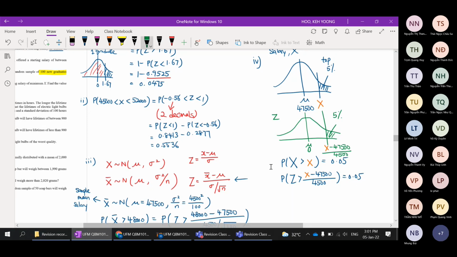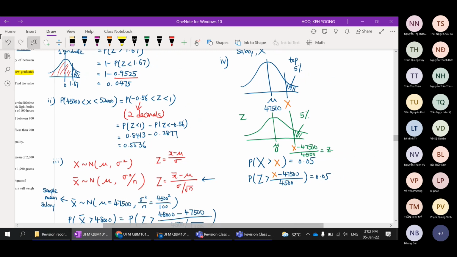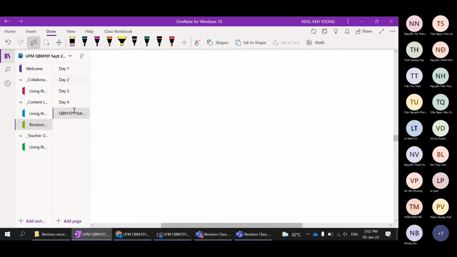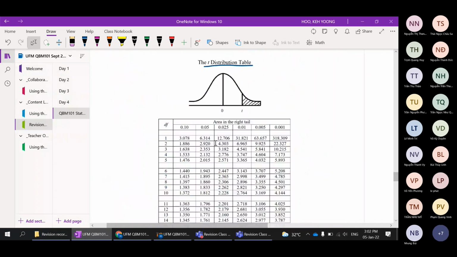So Z more than this Z value is 5%. Again, we have to refer to the statistical table. According to my method, I will look at the distribution table.